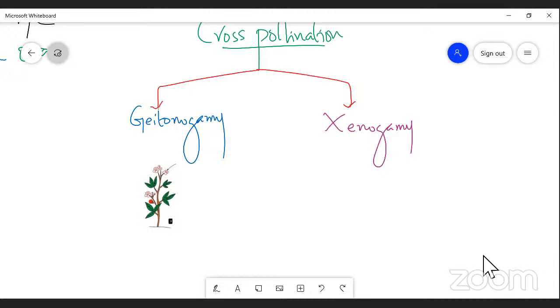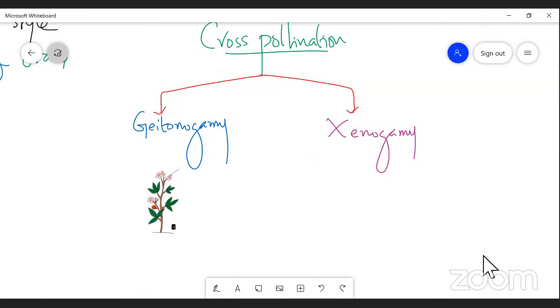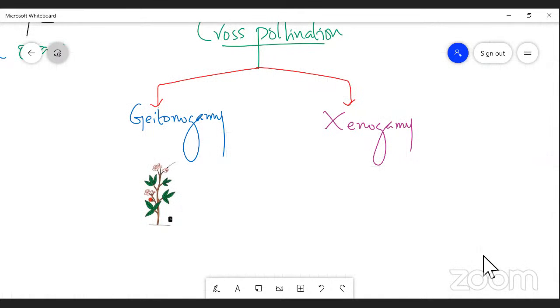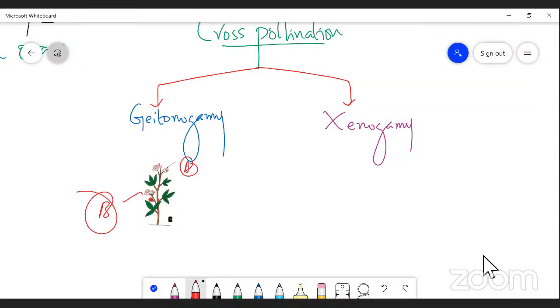You can see it has a flower A. Let me point out, I would like to compare and show the difference. If it is flower A and if it is flower B, between A and B there is transfer of pollen grain from anther to stigma. I mean, flower A and flower B of the same plant. So pollination occurs between two flowers which are seen on the same plant.